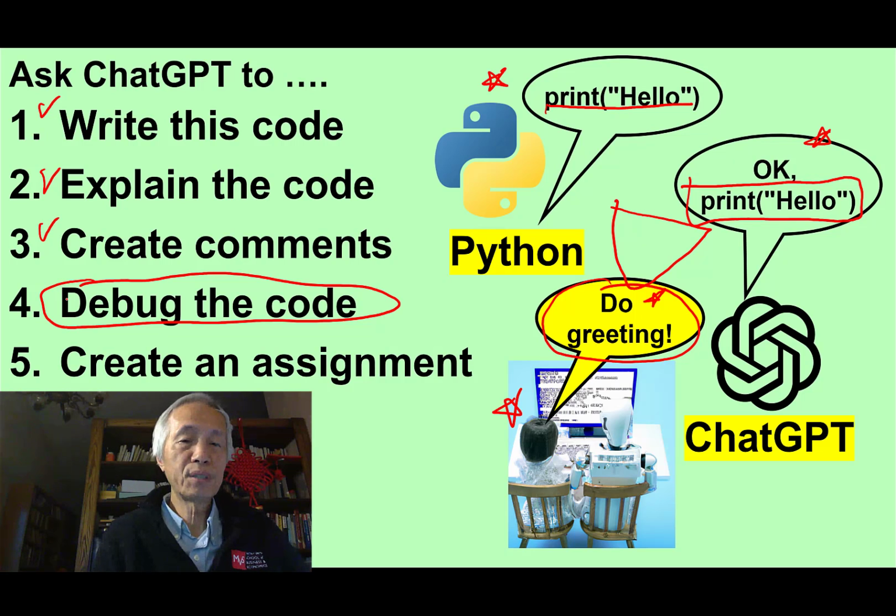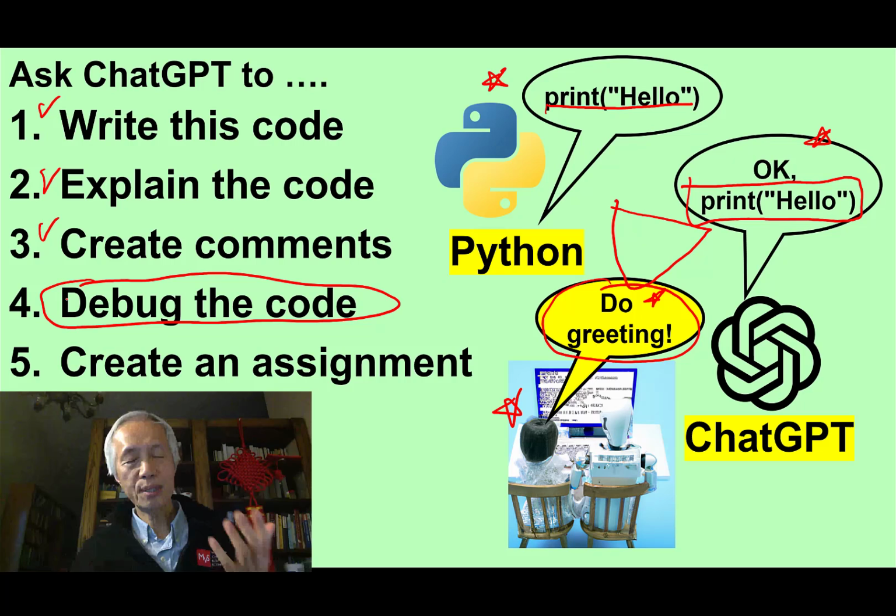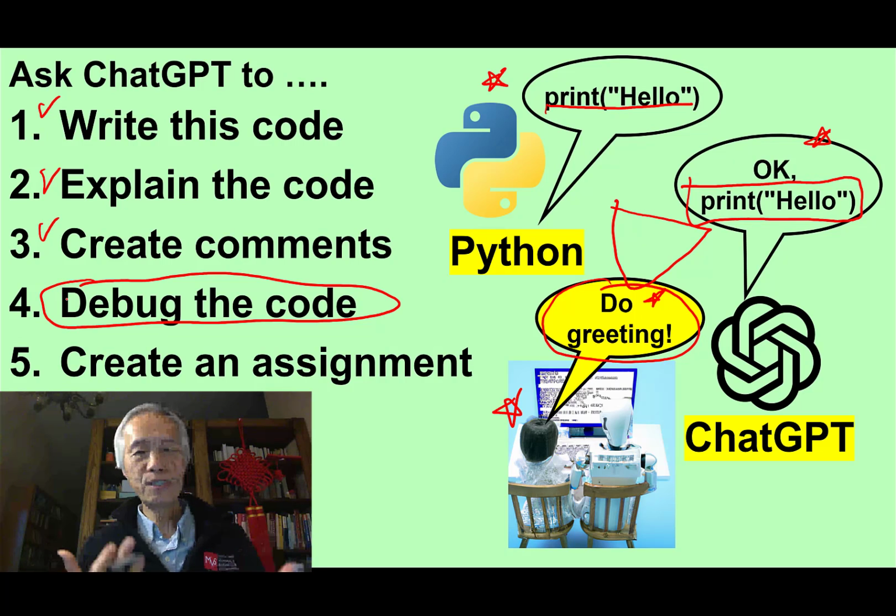You can be very specific, or you can be a little bit vague. So learn how to use these different features of ChatGPT to learn programming. In the rest of this video, I'm going to show you how to do just that.